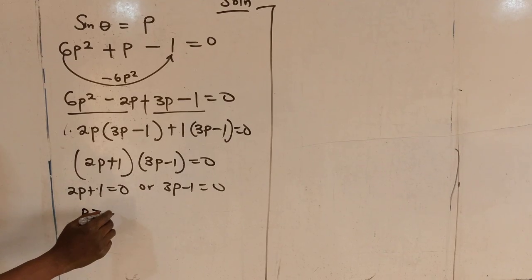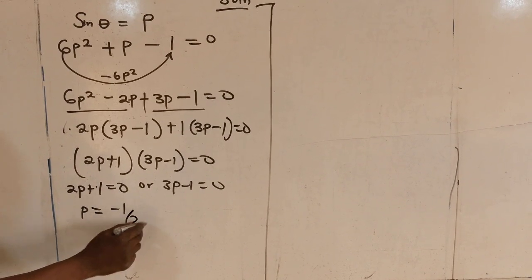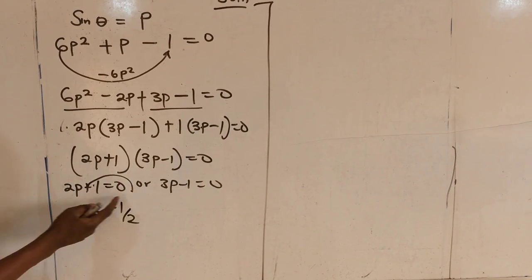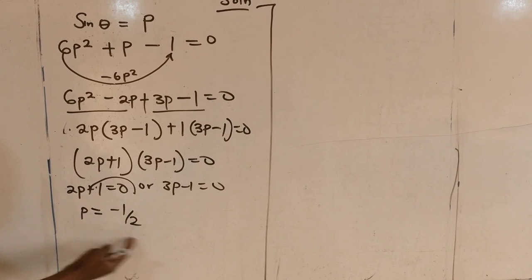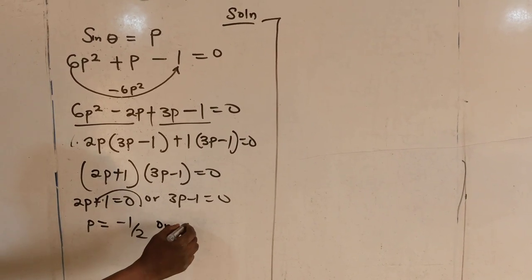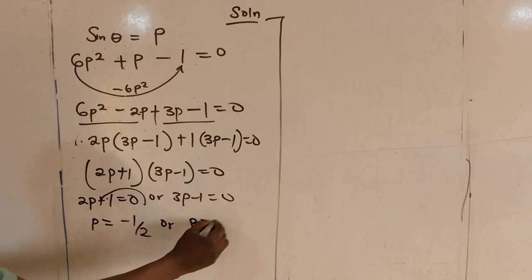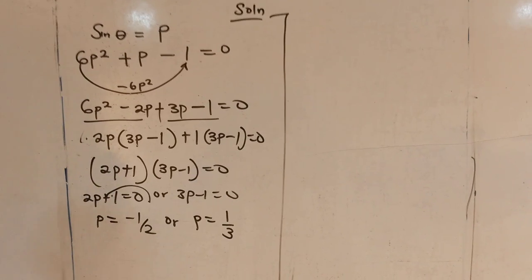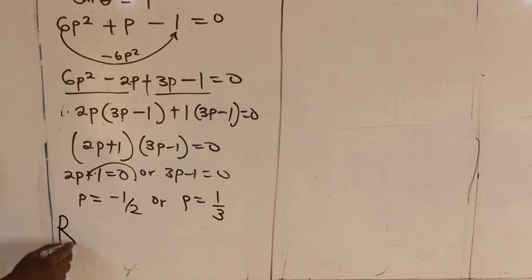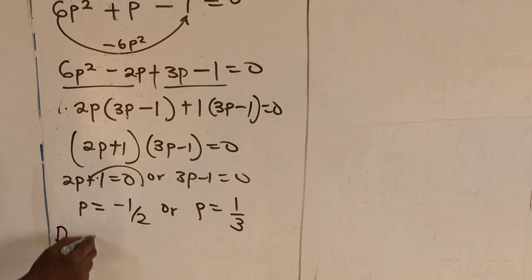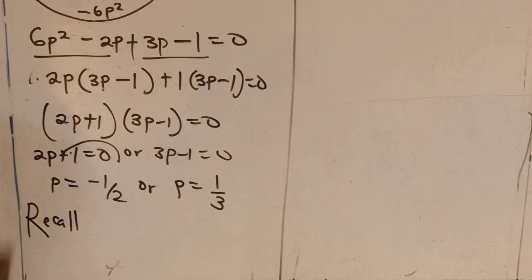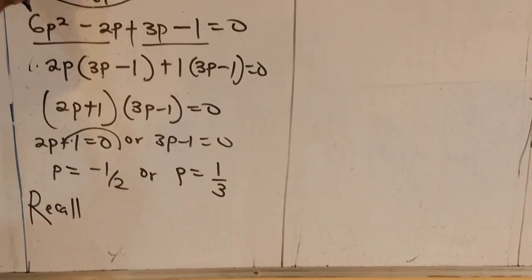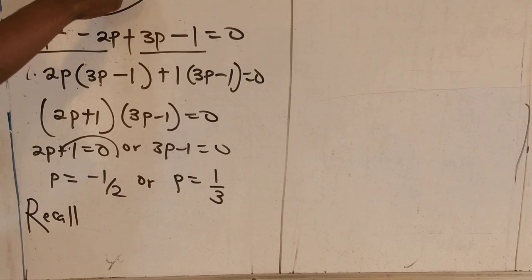P equals minus 1 over 2, when you transfer this to your right hand side and divide both sides by 2. Or p equals 1 over 3. Now recall that we established p equals sine theta.